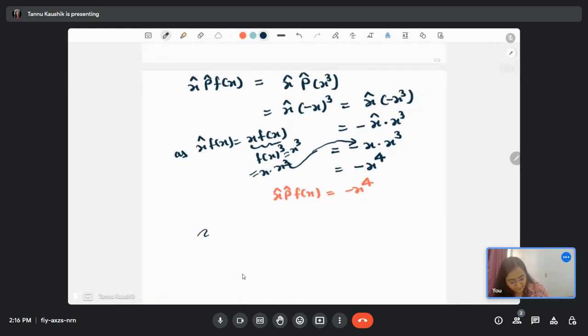So this is what we got for xP equal to minus x to the fourth.